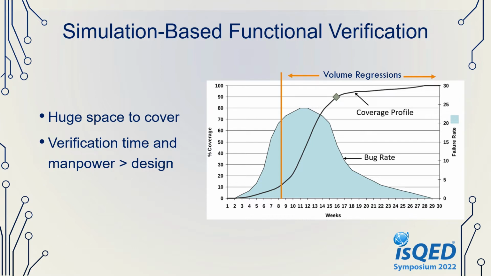If we look at the design cycle in this chart, the horizontal axis is the time in terms of weeks, and the vertical axis is for the coverage. At the beginning, the coverage is low. It takes a long time to reach a high coverage. The reason is that the design space is huge, so it takes a long time to cover the whole space or the majority of the space.